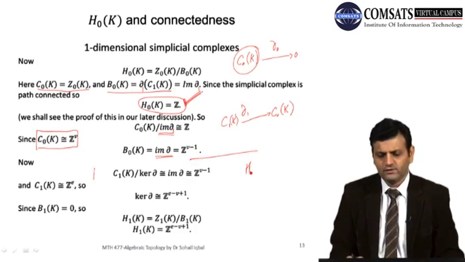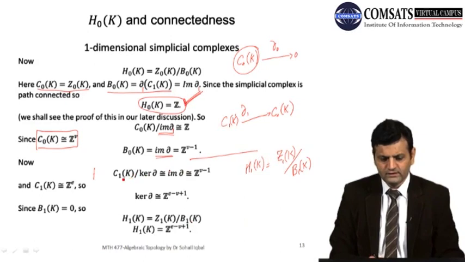Now we know that H₁(K) is equal to Z₁(K) quotient B₁(K). Now observe that, using the first theorem of isomorphism, what is this theorem?